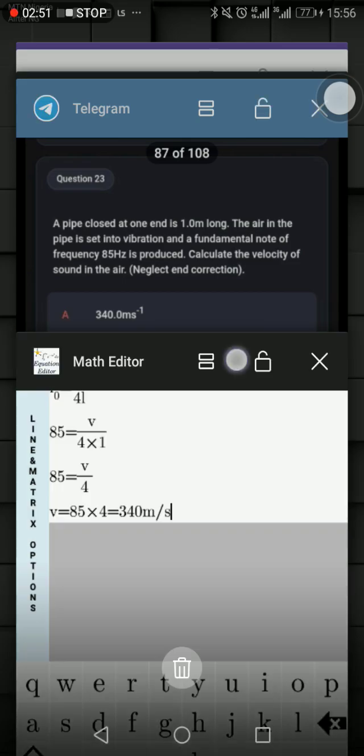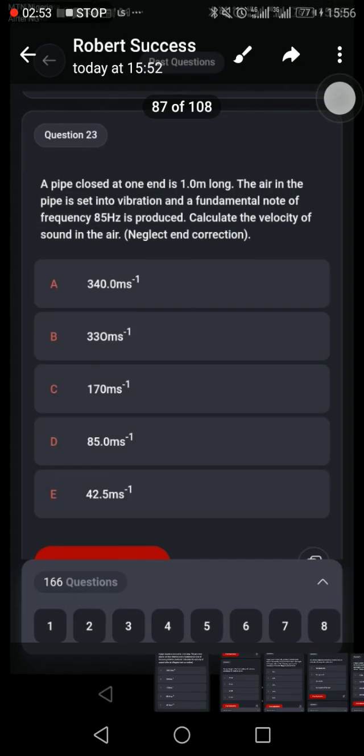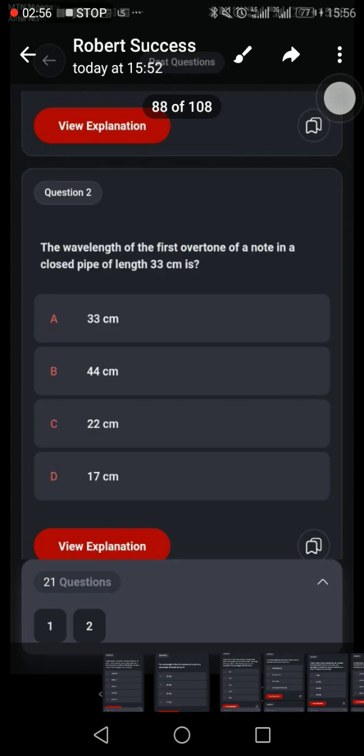So option A is the correct answer to that. Question 2. The wavelength of the first overtone of a note in a closed pipe of length 33 centimeters is. Now remember, closed pipe, your overtones take odd number multiples. The first overtone is 3 times the fundamental frequency.